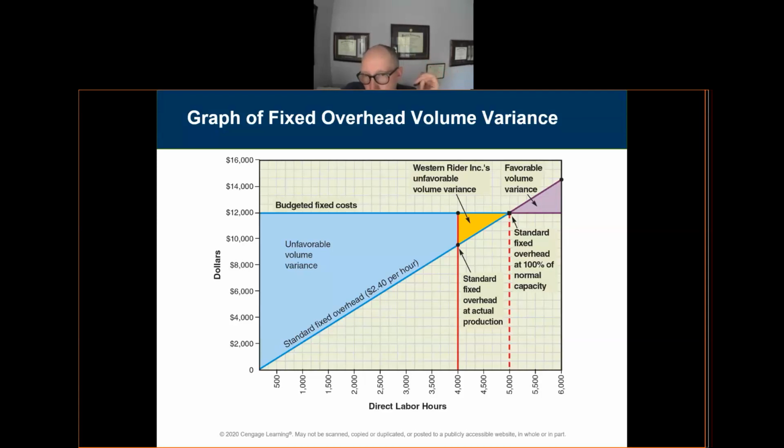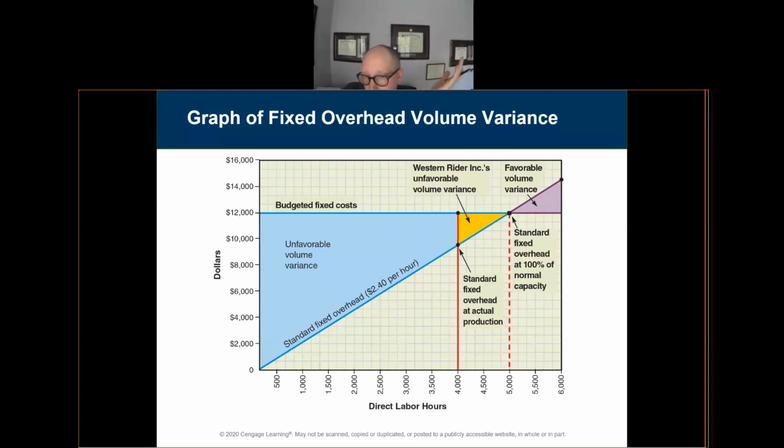The opposite is also true. The idea here is that in an ideal situation, we would come in at 100%, meaning our planned labor dollars, 12,000, come in right at our 5,000 direct labor hours that we budgeted for.